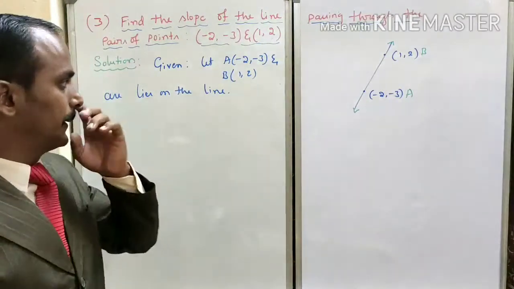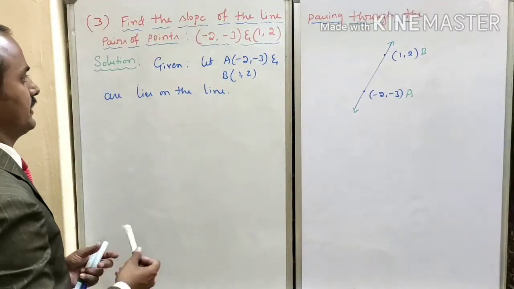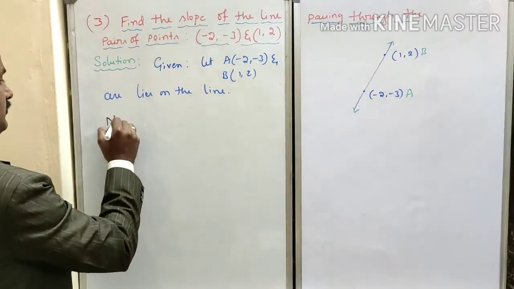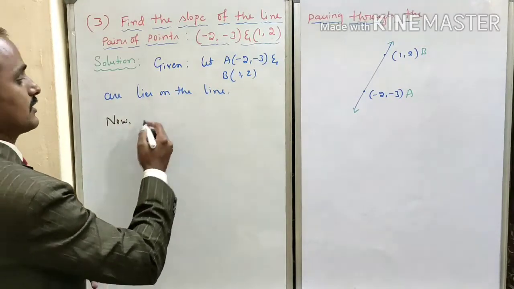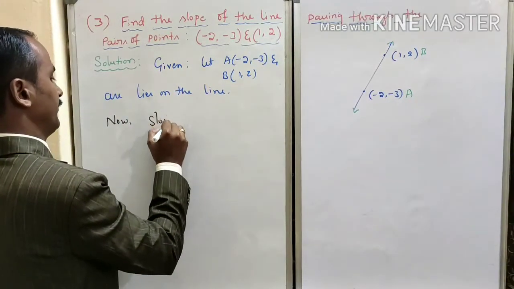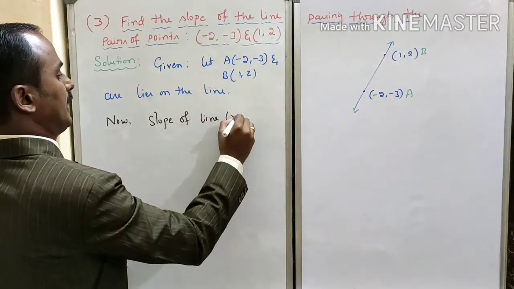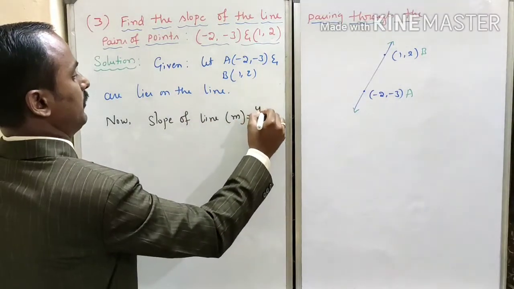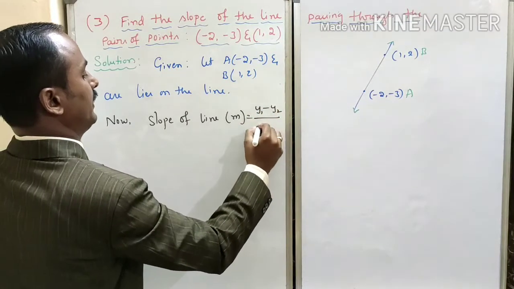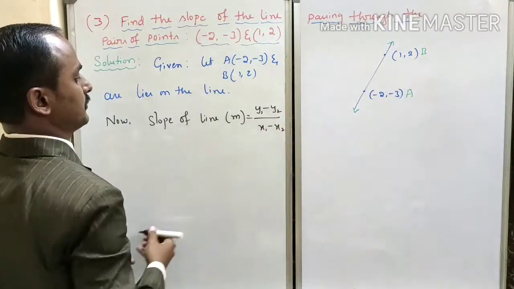Now what is the next step? Now, dear children, I want the slope of the line. The slope of the line is m equal to (y1 minus y2) divided by (x1 minus x2).